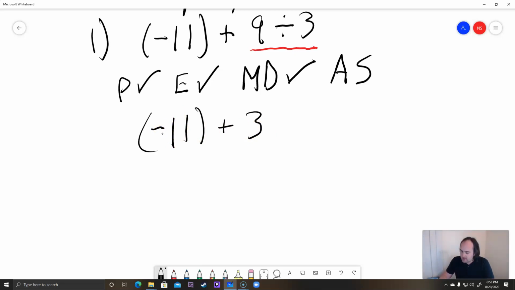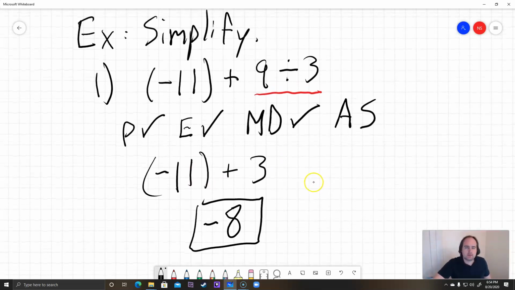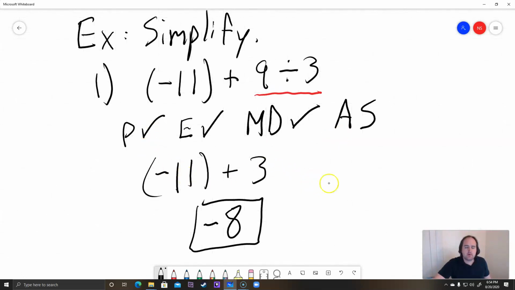But we keep the sign of the larger number, which was negative, so that's going to be negative 8 as our answer. Okay, our answer is negative 8. All right, and when you're doing these problems, if it gets longer, you might want to go back through and check your steps, but this one was pretty short.